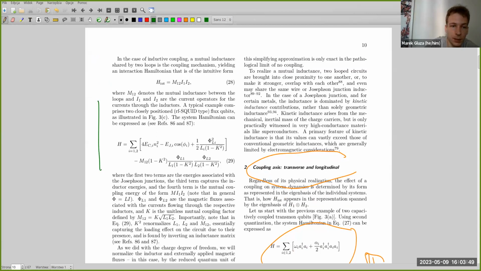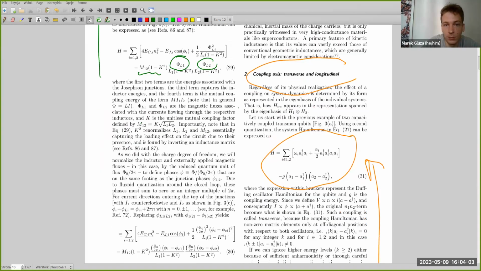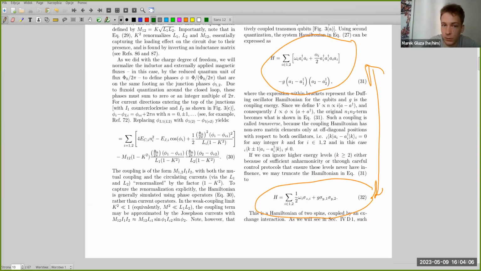If we have a magnetic inductive coupling, then this inductive coupling is not in terms of n, but it's in terms of phi. Okay, so I won't say more to this because yeah, we just read through and everything is well.